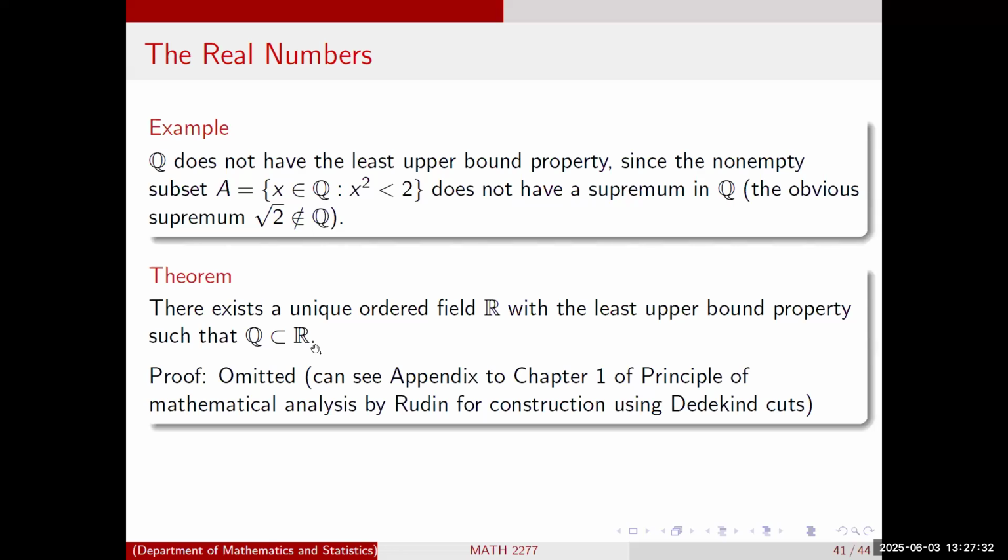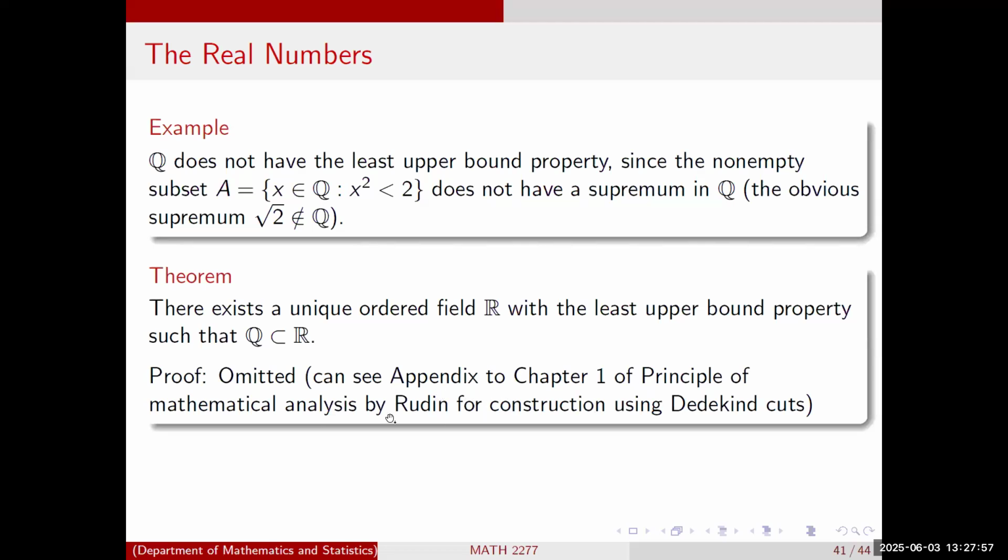So in some sense, there's a couple ways that you could construct the real numbers, right? The way that this theorem is referring to, I put here the proof is omitted. You can have a look at the proof if you want. I don't recommend it. It's a very intricate and complicated proof.